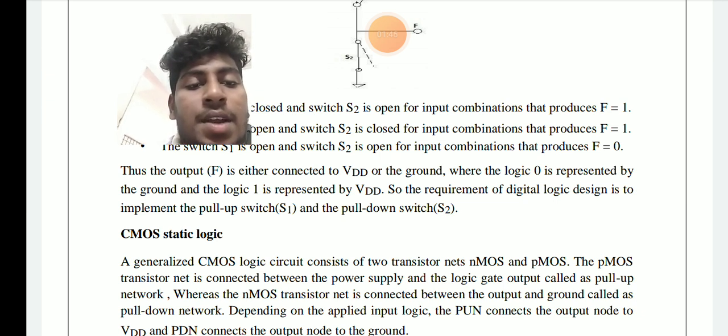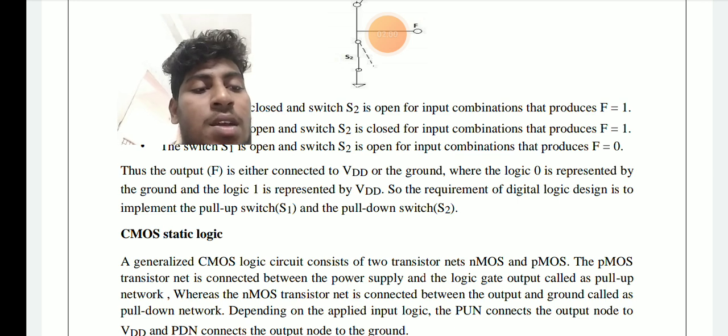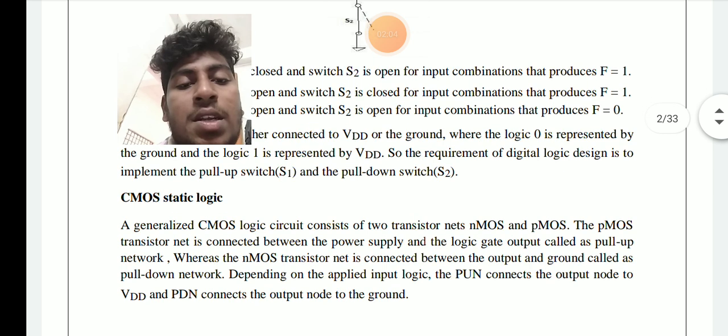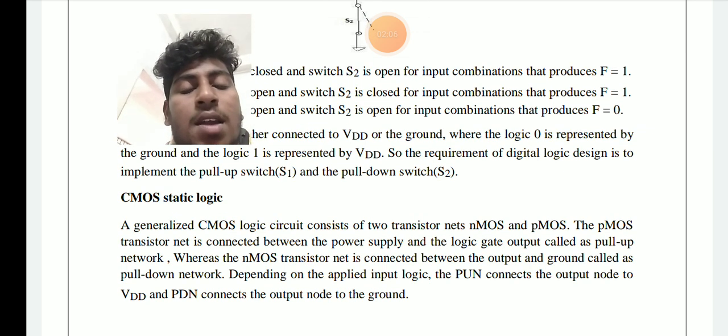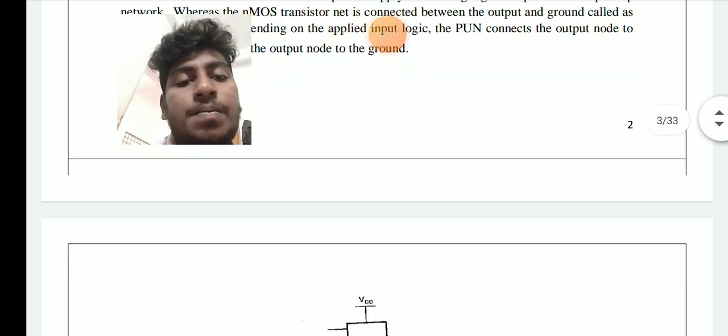The NMOS transistor net is connected between the output and ground, called the pull-down network. Depending on the applied input logic, the PUN connects the output node to VDD and the PDN connects the output node to the ground.